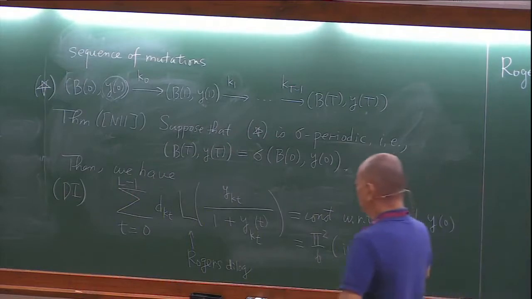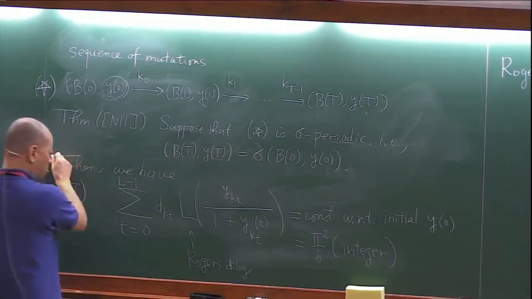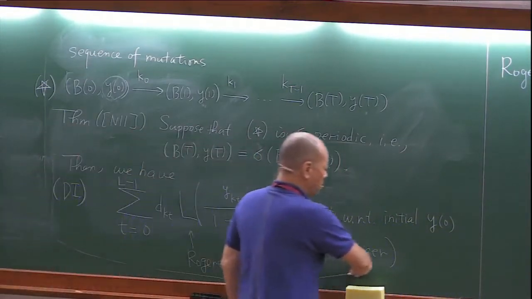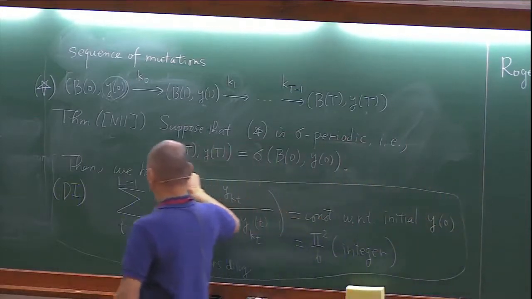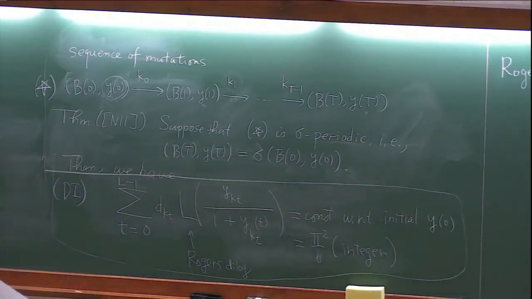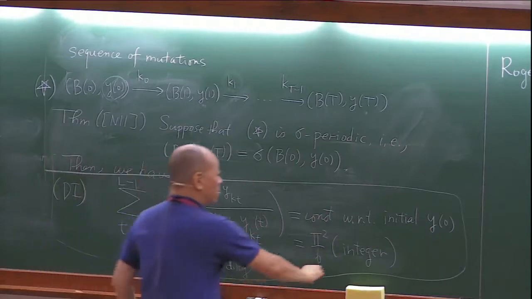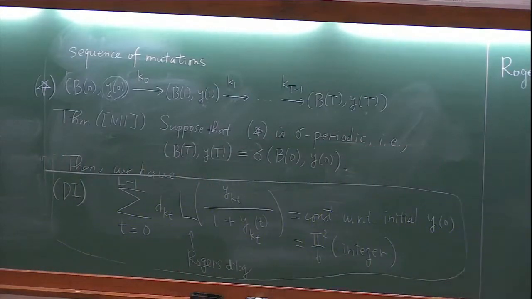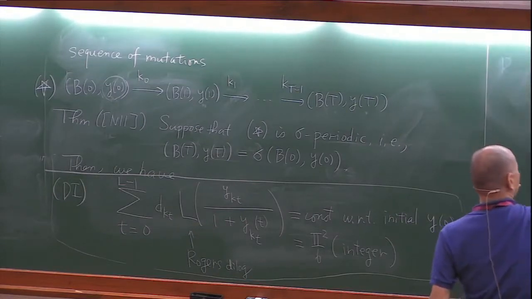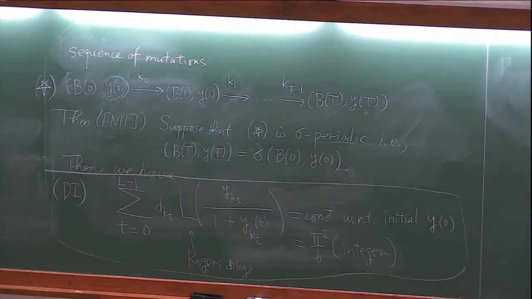But anyway, this is a dilogarithm identity. I'm going to explain that for the simplest two cases, type A1 and A2, this identity exactly reproduces this classic dilogarithm identity. This is my main job today, to explain this.